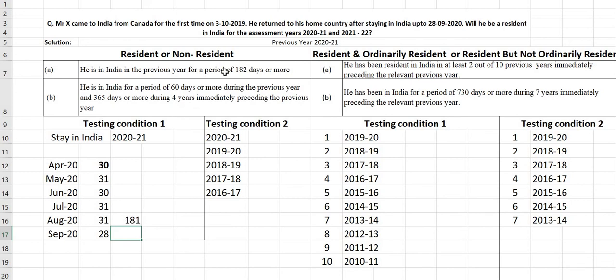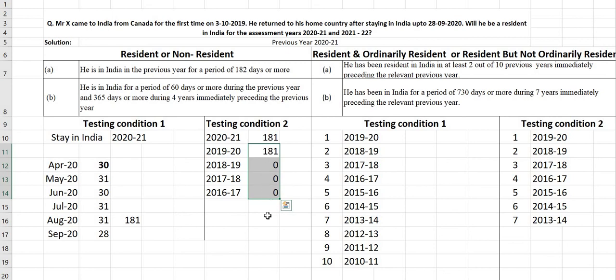Which means he is not satisfying the first basic condition. Now let's see the second basic condition. In 2020-21 he was in India for 181 days, and we have already calculated that in 2019-20 he was in India for 181 days, and before that he was not in India. So the second basic condition says that in the previous year he should be in India for 60 days, and in the 4 years immediately preceding the relevant previous year, he should be in India for 365 days.